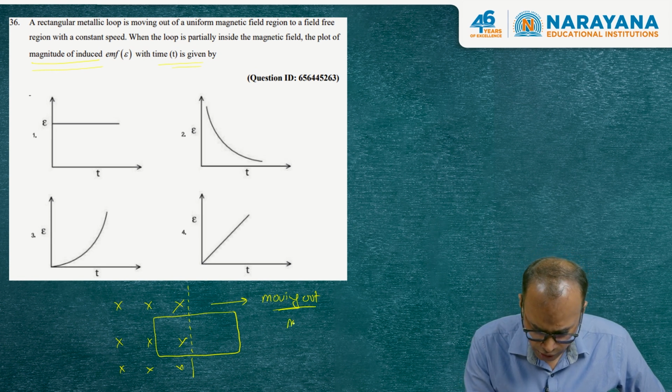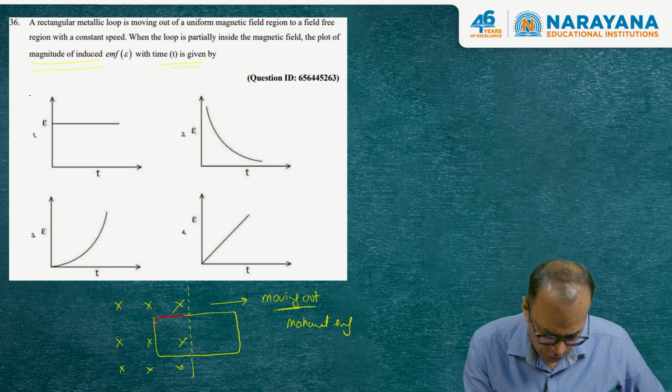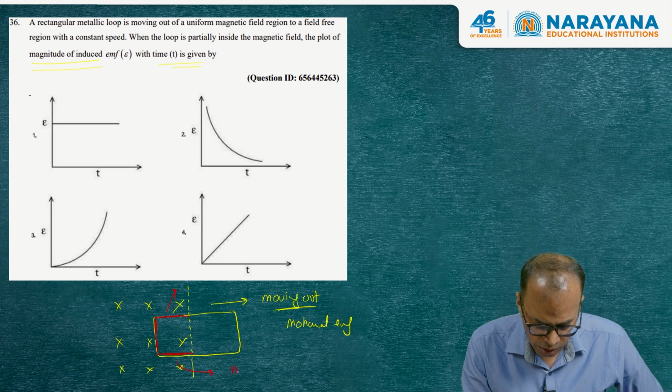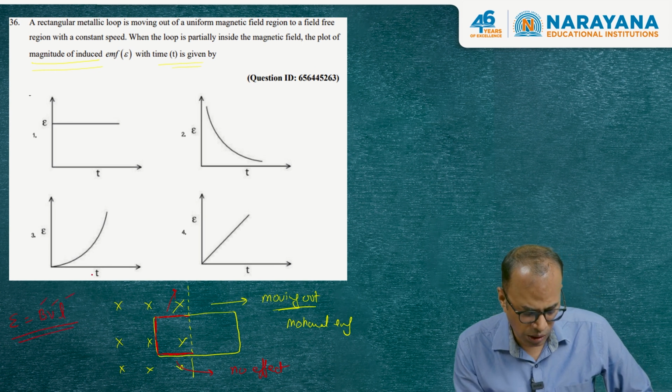We have to talk about time variation. So this is clearly a case of motional EMF. So think of these three conductors. These two horizontal portions will not have any EMF induced, because we can write motional EMF as BVL, and these three vectors must be mutually perpendicular.